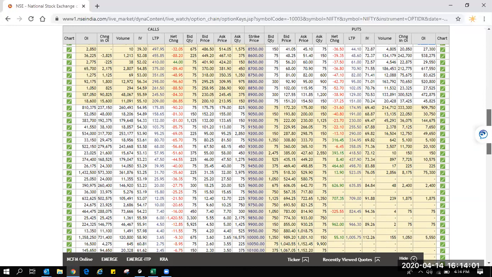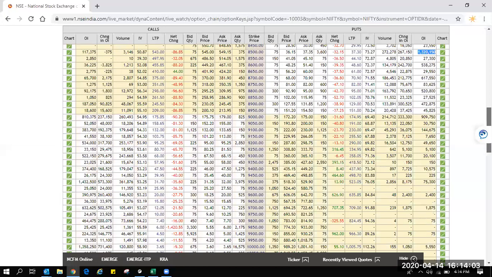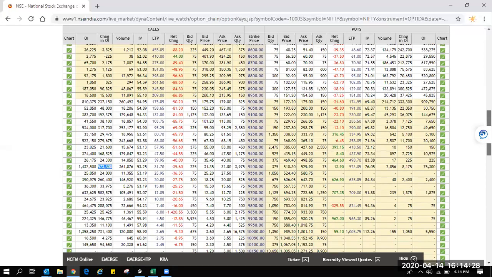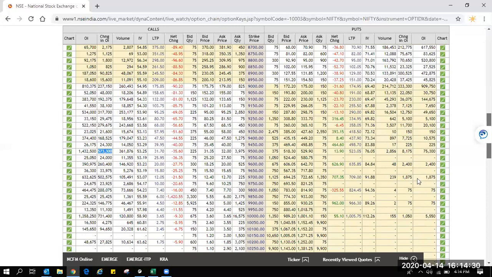Now come to the change in OI. Here we can see for the call side where the maximum change in OI is. If you see the maximum change in OI, it is at 9500. So people have built maximum positions at 9500. Okay, so this is the first change in OI.